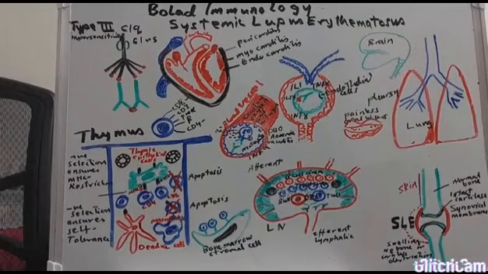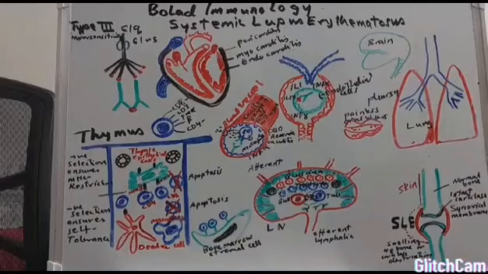So negative and positive selection ensure self-tolerance. Tolerance to self-antigens encountered in the thymus is thereby achieved by eliminating T cells that are reactive to self-antigen.